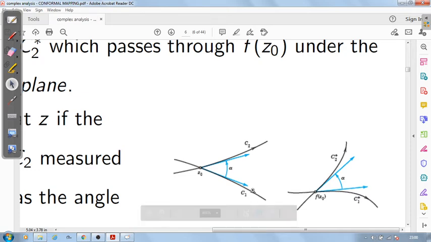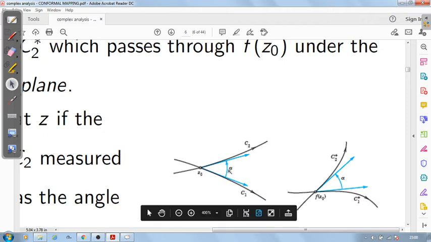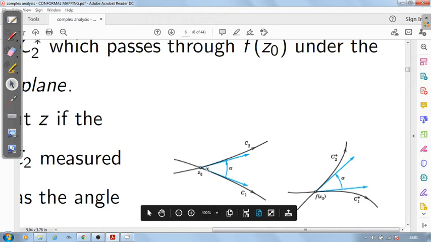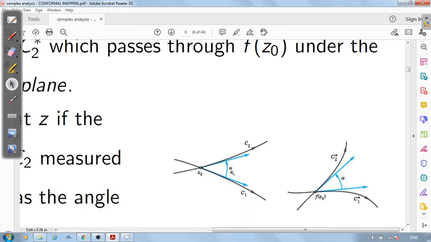So obviously they intersect at z0. So we measure the angle of intersection from C1 to C2. This direction of measurement is also important while you consider conformal mapping. So we find the angle of intersection, that is, the angle between the tangents at z0 from C1 to C2, and let that angle be alpha.